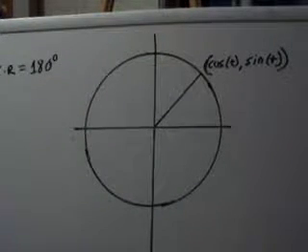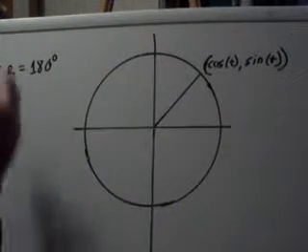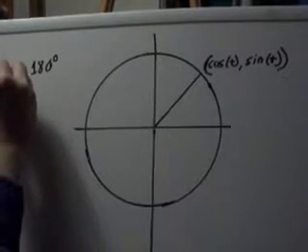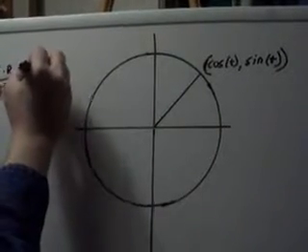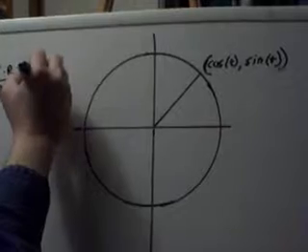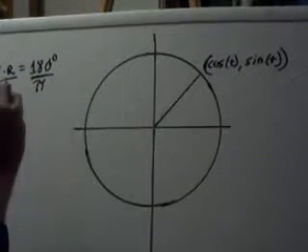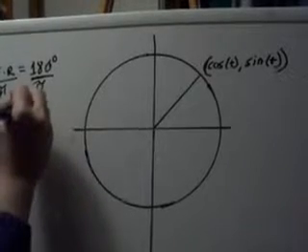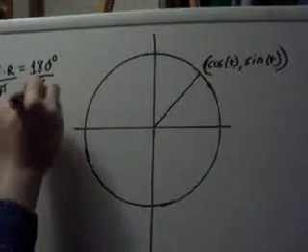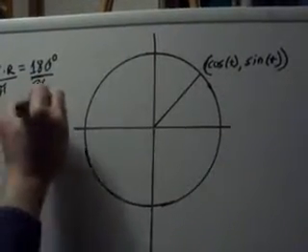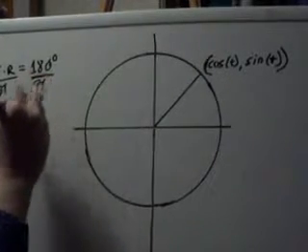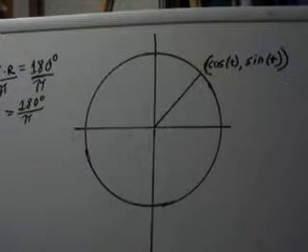If that being the case, then if you divide both sides by pi, then 1 radian would equal 180 degrees divided by pi. So far, so good.